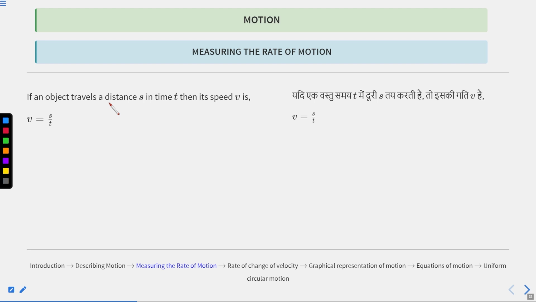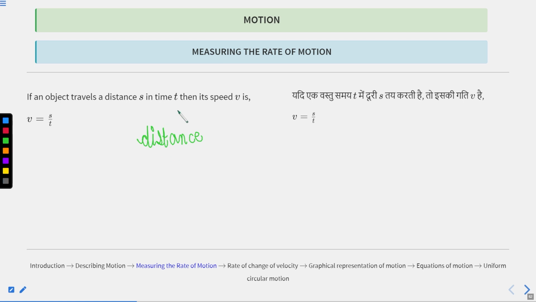So let's talk about some symbols. In physics, we use symbols because we don't want to write distance divided by time every time. So we will use some symbols.